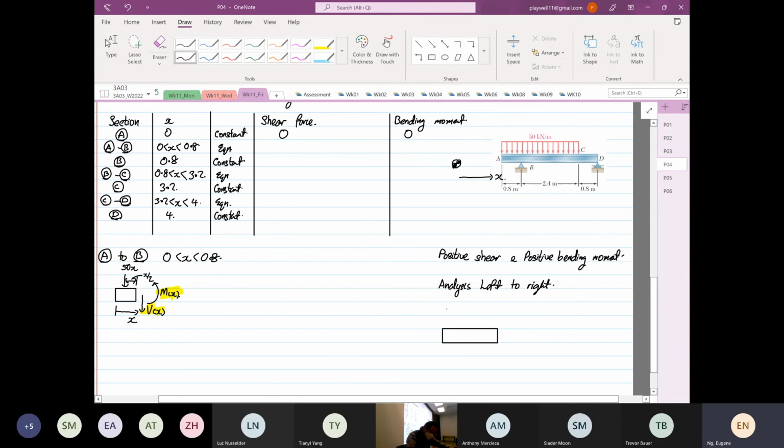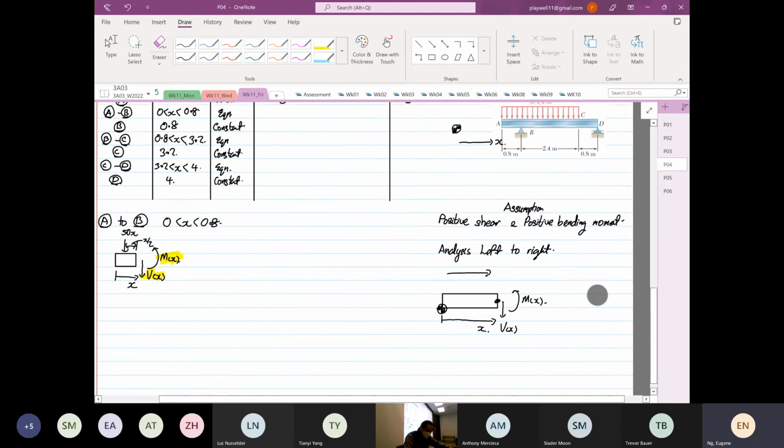Our analysis goes from left to right, the geometric datum is still fixed on the left-hand side and will not move. This is the positive shear and positive moment assumption that we make: the shear force is coming down and the bending moment is going anti-clockwise. This is the location where we take the moment, the black dot I've drawn. That's analysis from left to right.